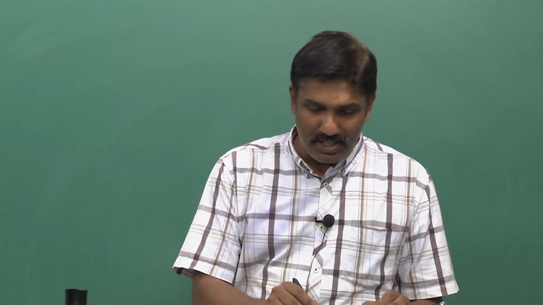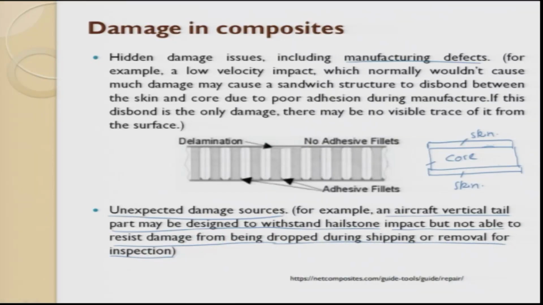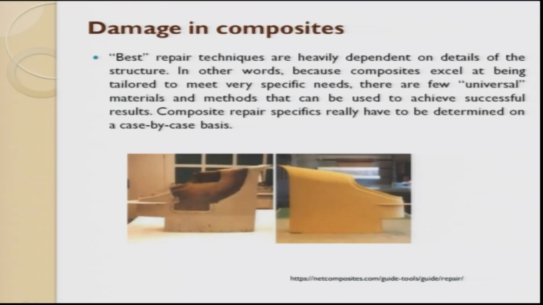Those damages are called unexpected damage sources. So, you can have hidden damage and you can have unexpected damage. For damage in composites, the best repair technique is heavily dependent on the details of the structure. By knowing the structure, the load it carries, and the functionality, only then can we start thinking of remedial measures.